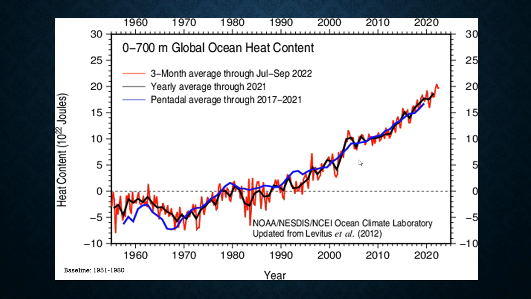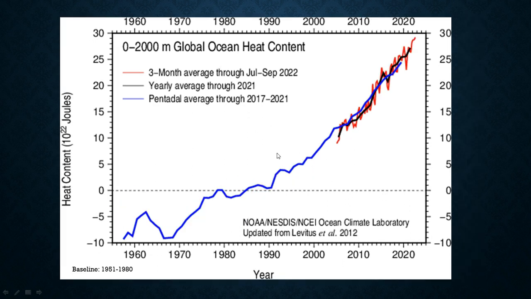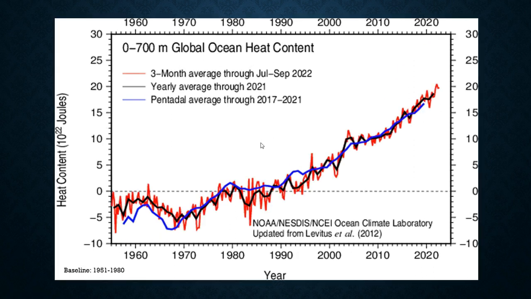Now, let's look at it for the first 700 meters. Again, the 1955 to 1980 baseline. The same thing: the blue line is the pentadal, the 5-year running average, then this is the yearly average and the 3-month average. So the same situation as here. But now we're able to tease out and look at the upper 700 meters, and it's really warming up.